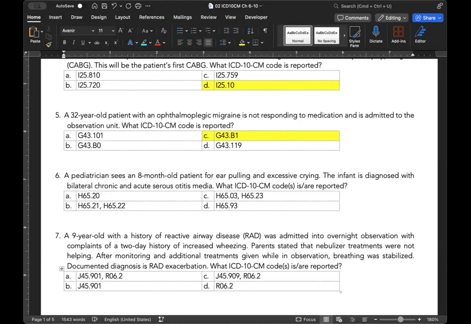What's our main term that we're going to look up? Okay, otitis. Underneath otitis, we'll go to media.